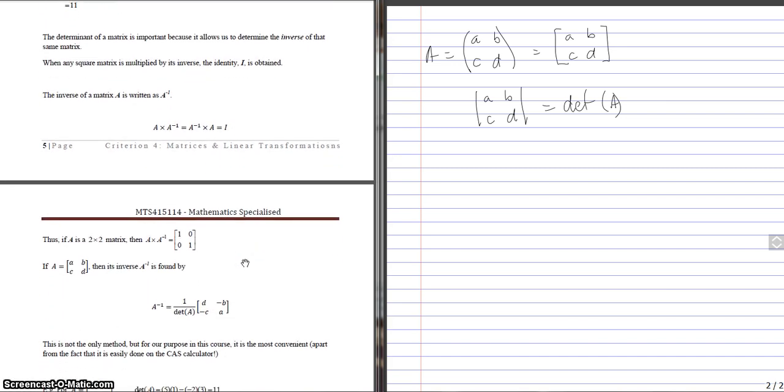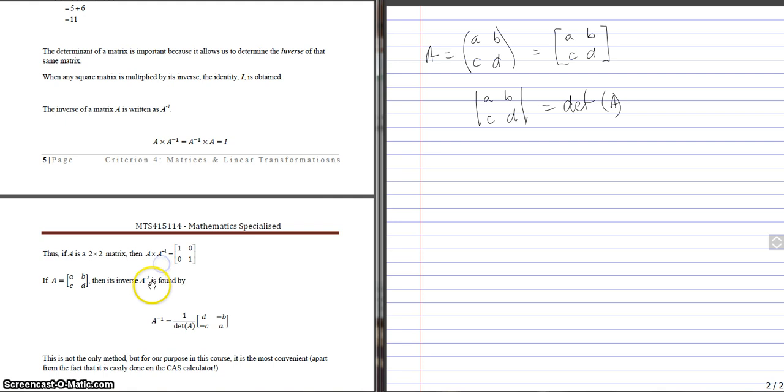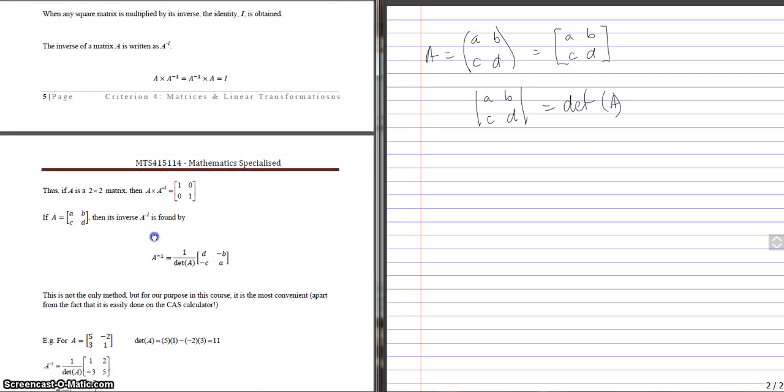When we multiply them together, whatever order, we get our identity matrix I. So if A is a 2 by 2 matrix, then when we multiply them together, we get our 2 by 2 identity matrix 1, 0, 0, 1. And this is how we find our inverse.